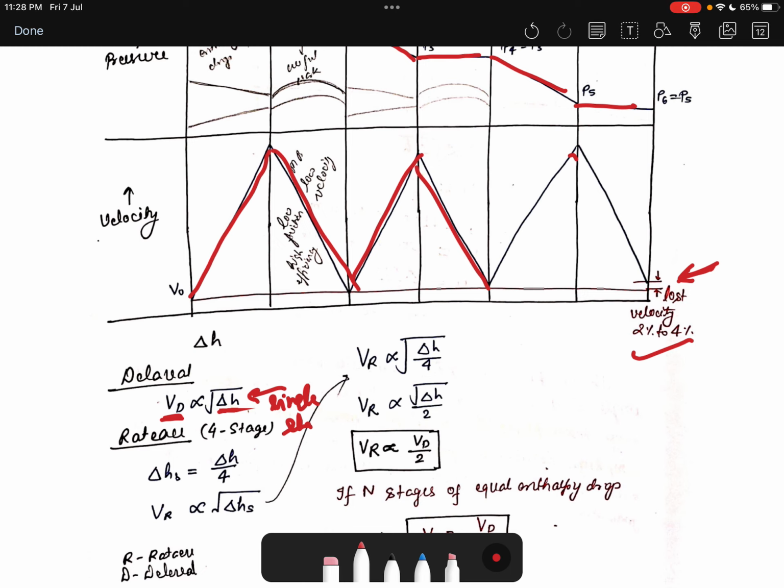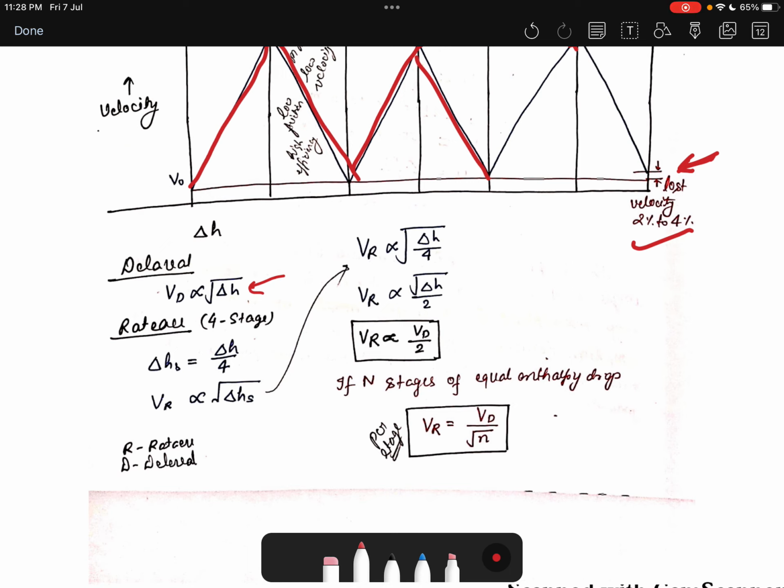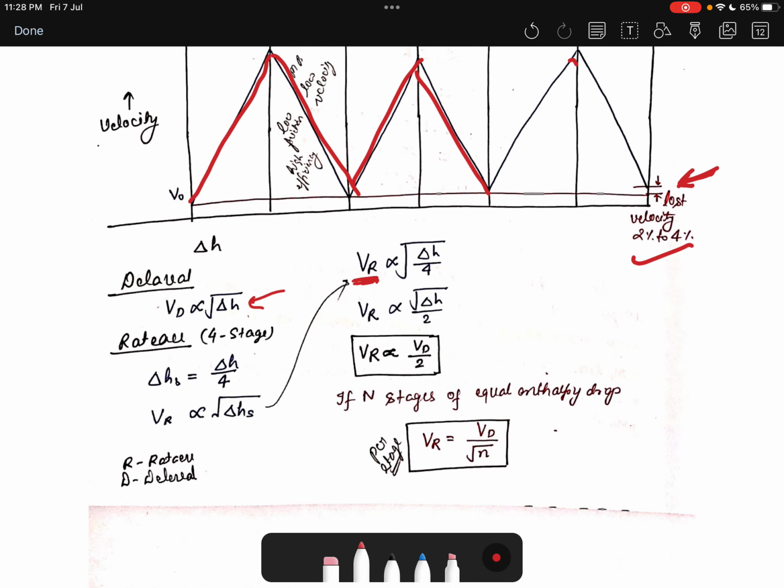Okay, this is for single stage, for De Laval. So the De Laval turbine is the single stage. This is the velocity for the single stage. Okay. So delta H is for single stage, like this is the single stage.